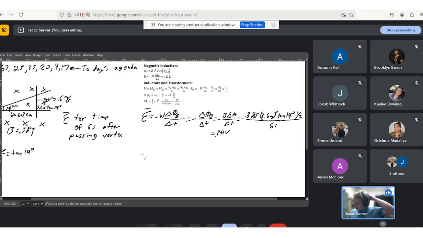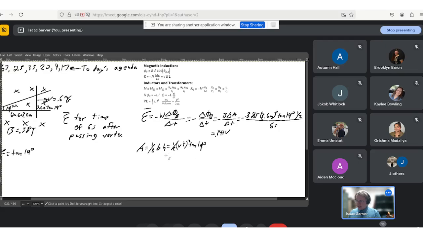Can we go a little fancier about it? Possibly. The area is 1/2 base times height. The base is velocity times time, and the height is velocity times time again, times tan 19 degrees.